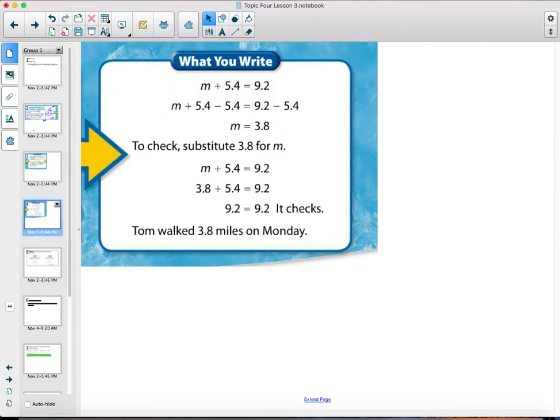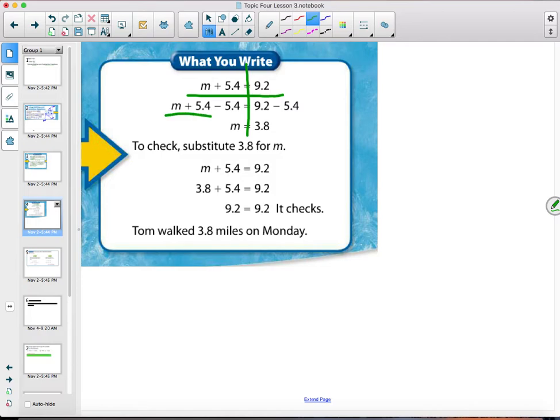Then they show you how it's set up. Again, we're pretty familiar with this, right, Laura? Here's our original equation. Notice the layers. We have 3 layers all lined up on the equal sign.